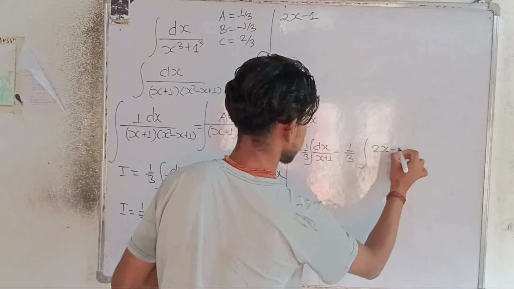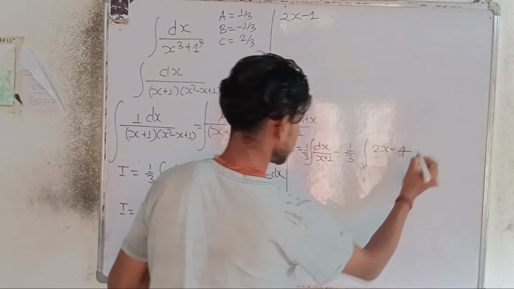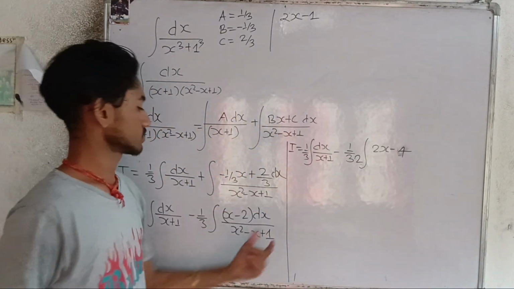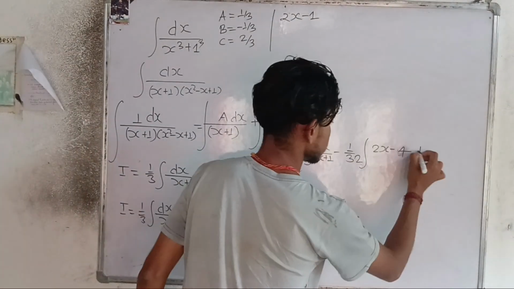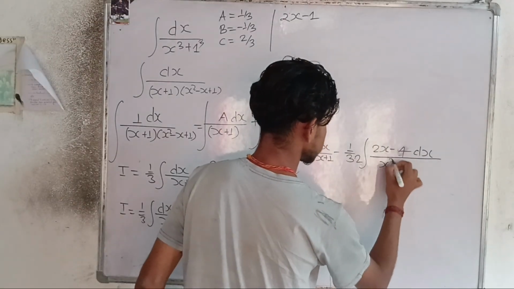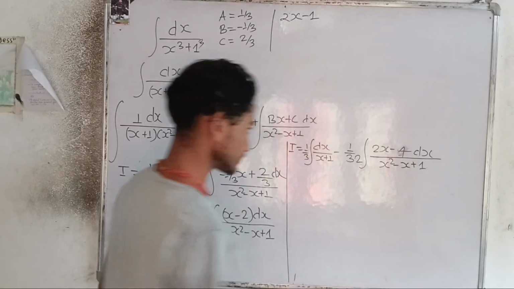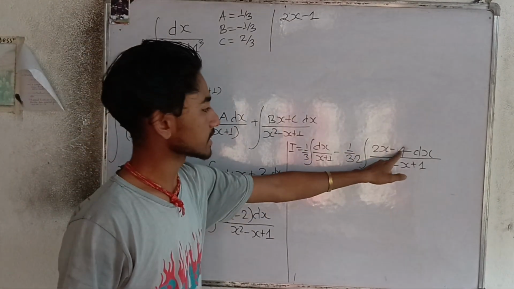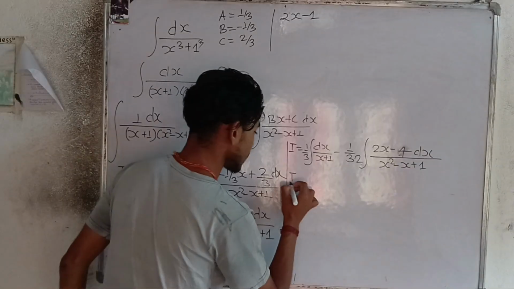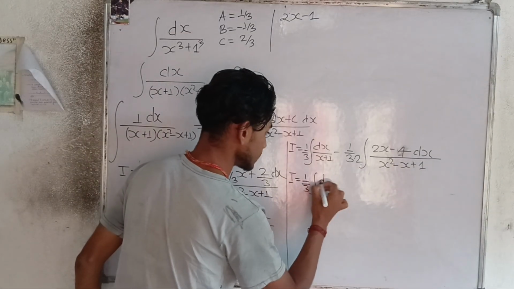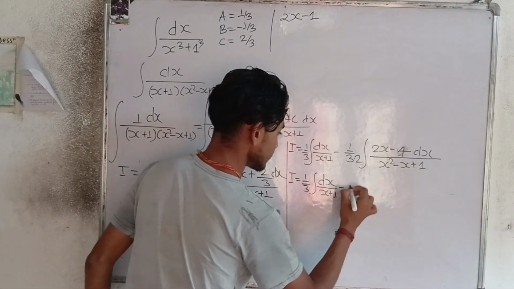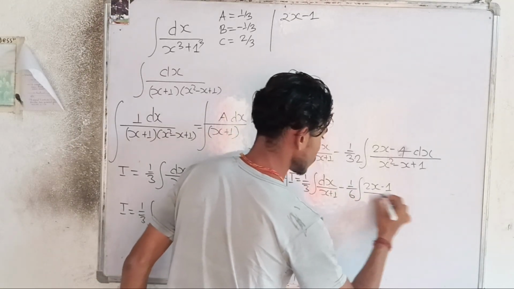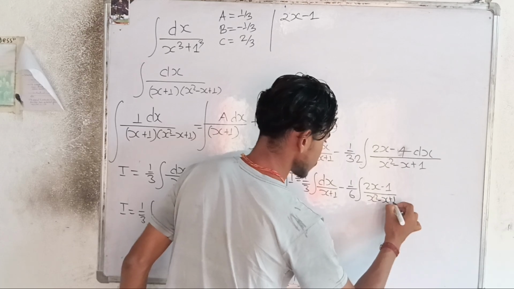So I get 2x minus 4 if I multiply by 2 above, and I have to do 2 below, so it balances out. And I got dx over x squared minus x plus 1. Okay, but I have 2x minus 1, so I have to replace minus 4 also. So I is 1 over 3 integral dx over x plus 1 minus 1 over 6 integral 2x minus 1 over x square minus x plus 1.